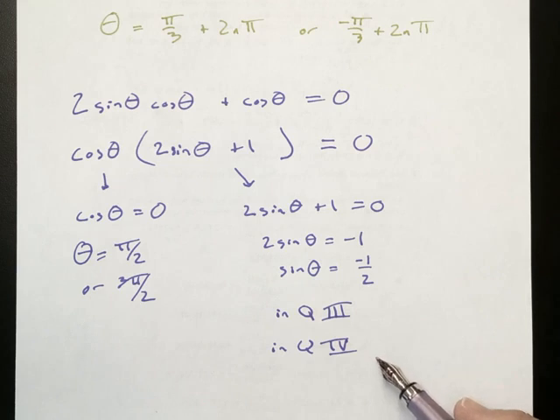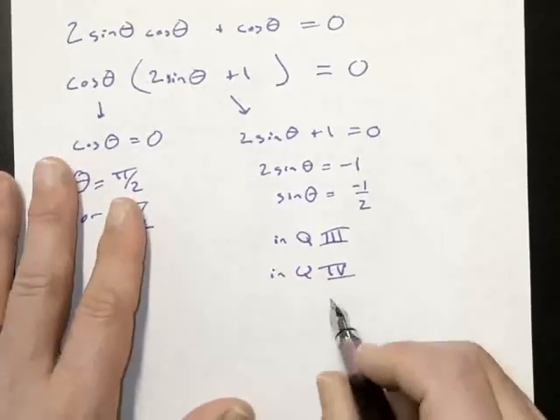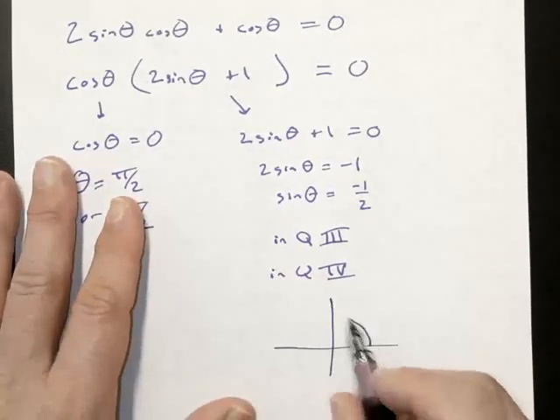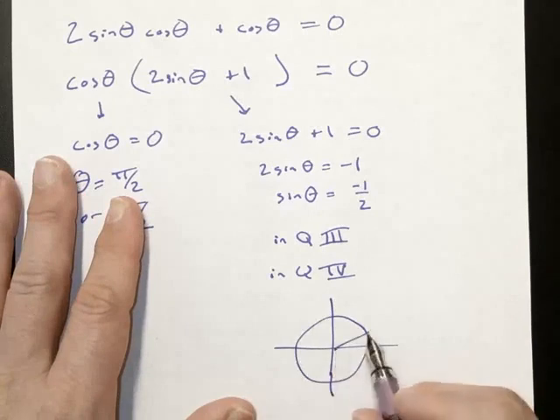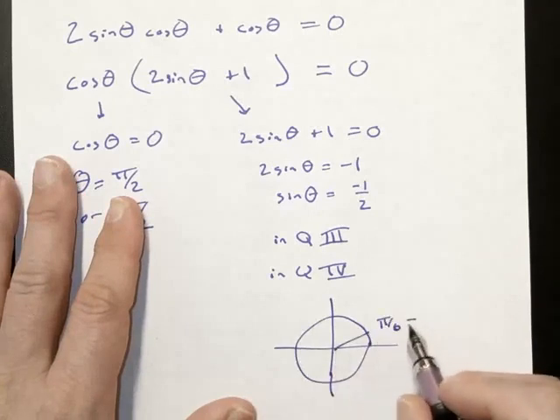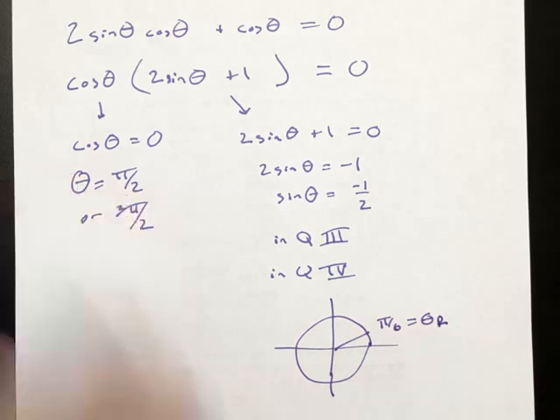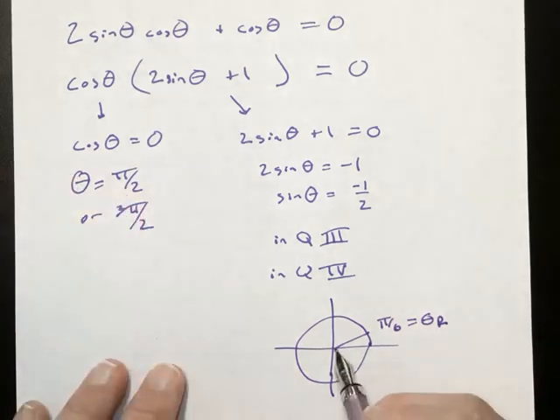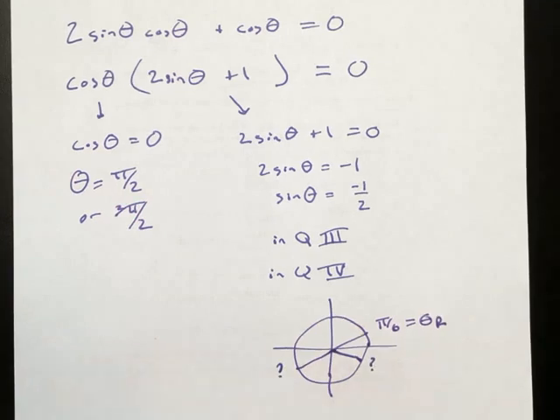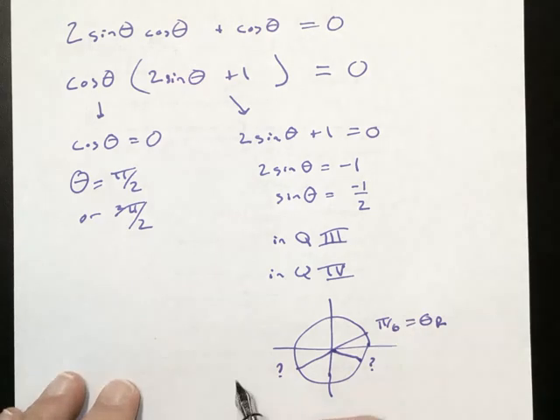What's the angle in quadrant 4? Again, I think the circle helps. I need to know the angle in quadrant 4. I need to know the angle in quadrant 3. So that's here.